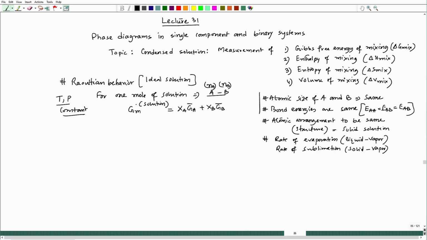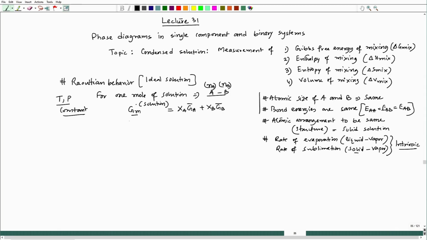So, these are intrinsic. Now, when we talk about solid solution, we will take the rate of sublimation. You can prove this Raoultian behavior with respect to the rate of sublimation, but in the case of liquid solution we can take the rate of evaporation. Now, this is the free energy of the solution.